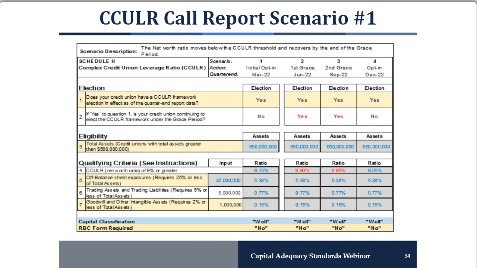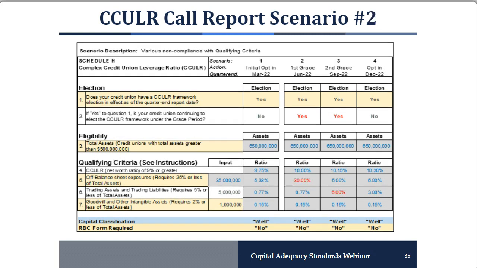Scenario 2 reflects the credit union meeting all eligibility requirements for CULR at their initial opt-in for March 31st, 2022. Next slide, please. I think we're on 1. Okay, thanks.